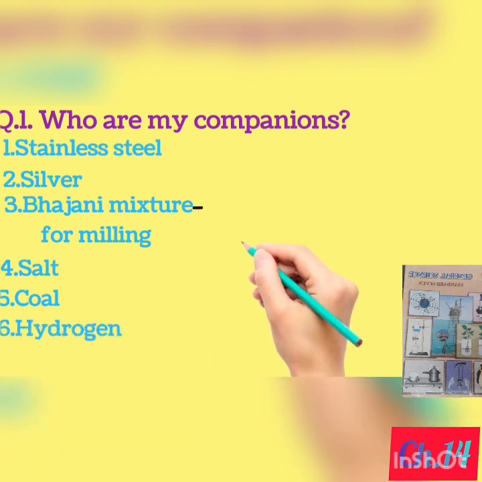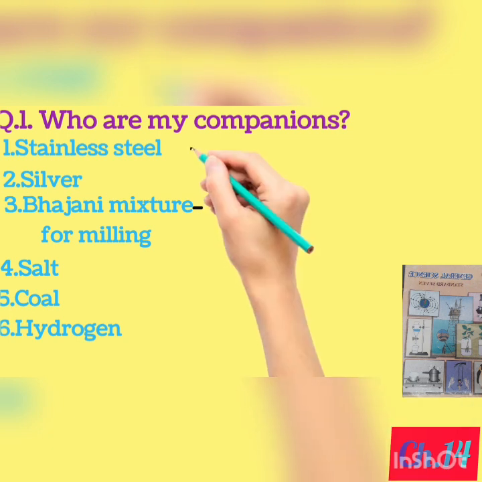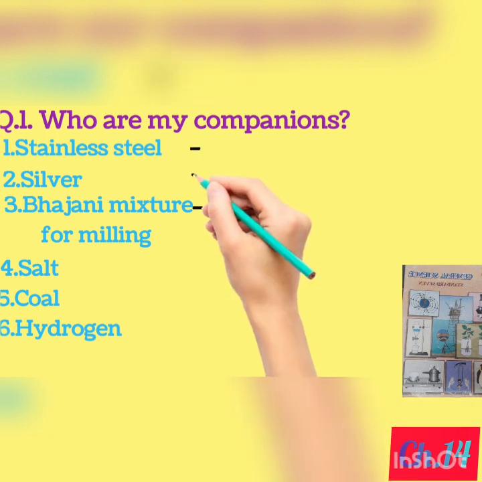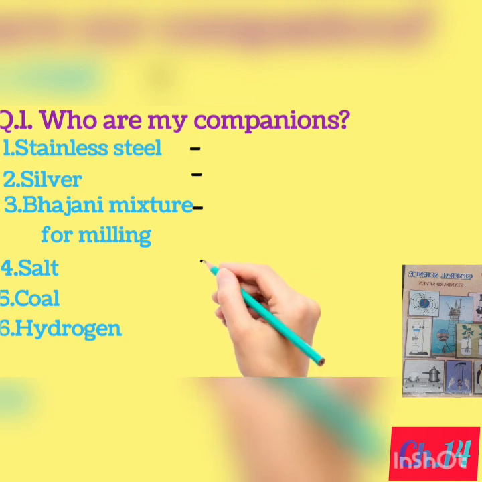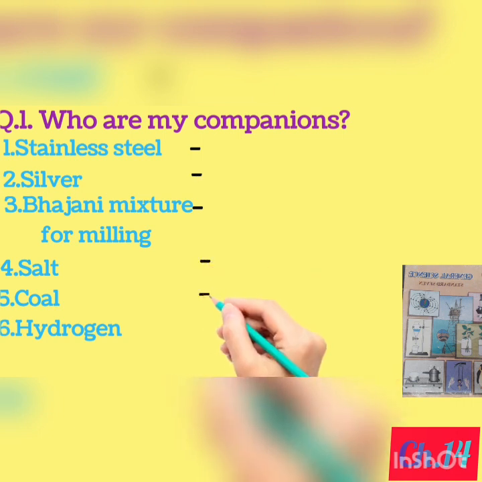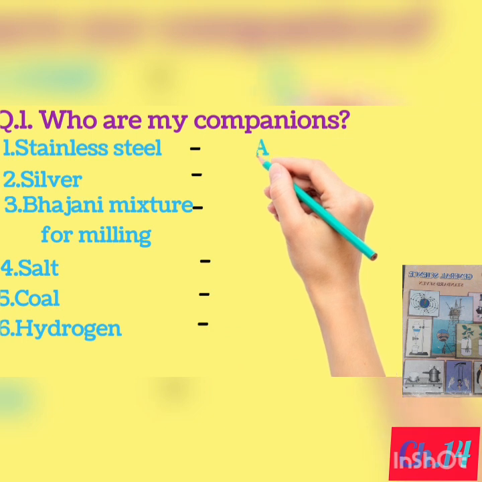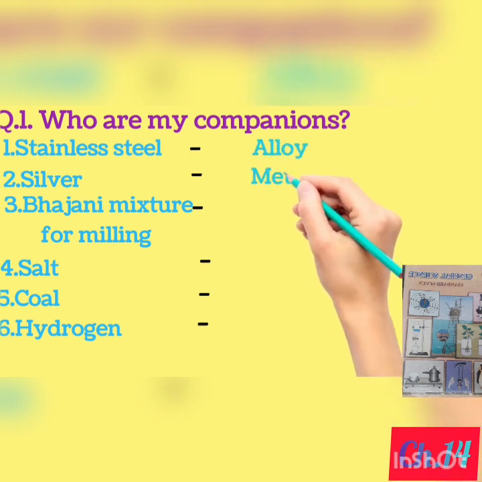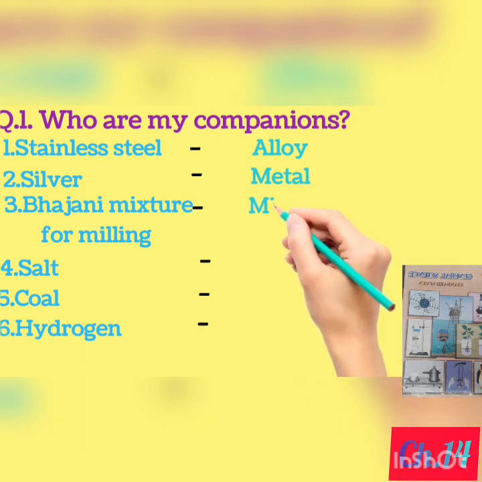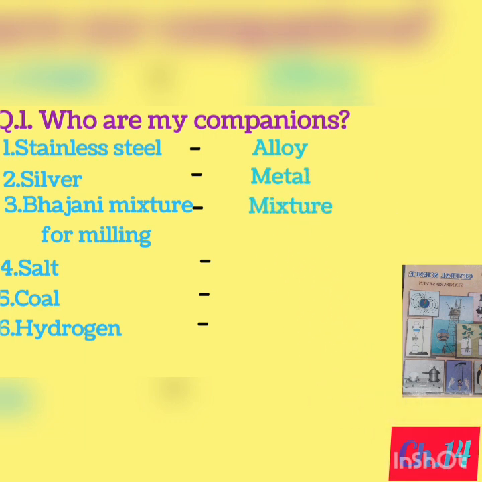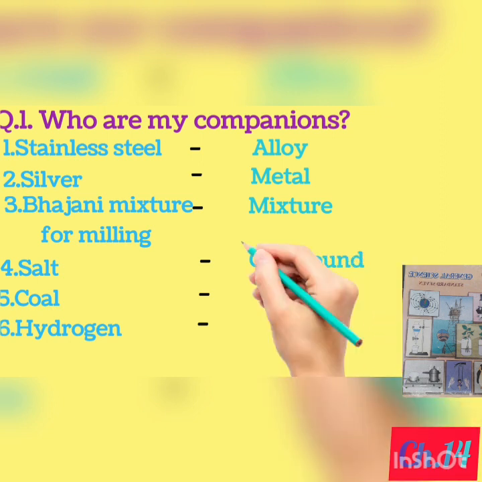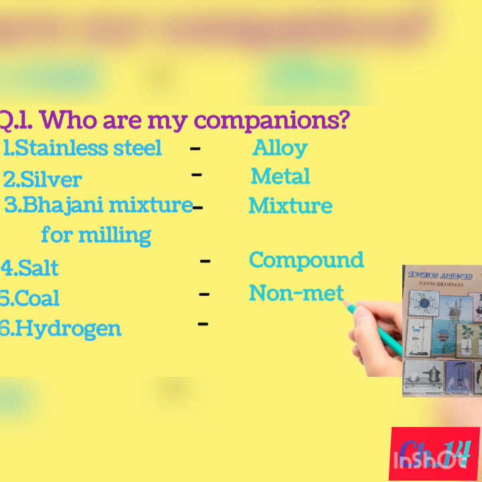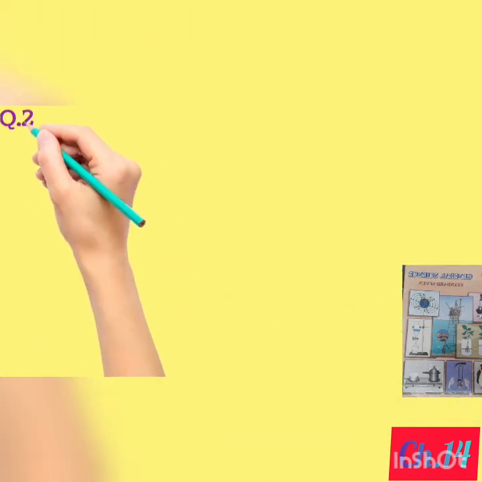Now, let us see the group B, what it contains, and we have to match the companions from group A to group B. Stainless steel is an alloy, silver is metal, Bhajni mixture is a mixture, salt is a compound, coal is non-metal, hydrogen is an element.